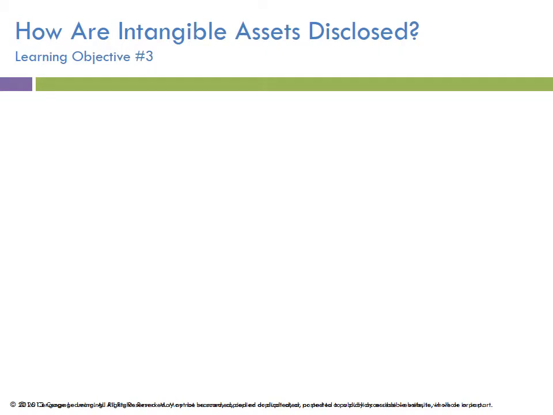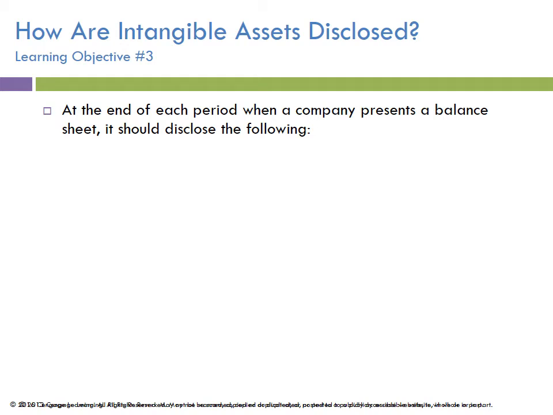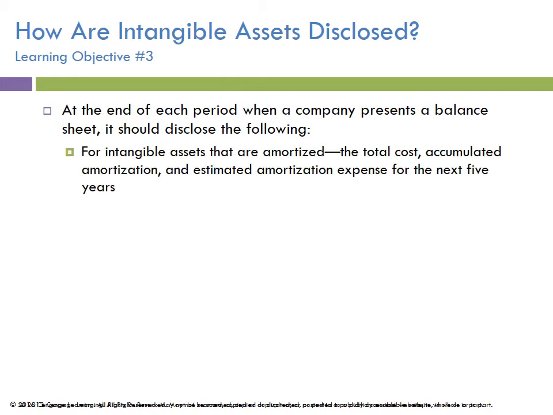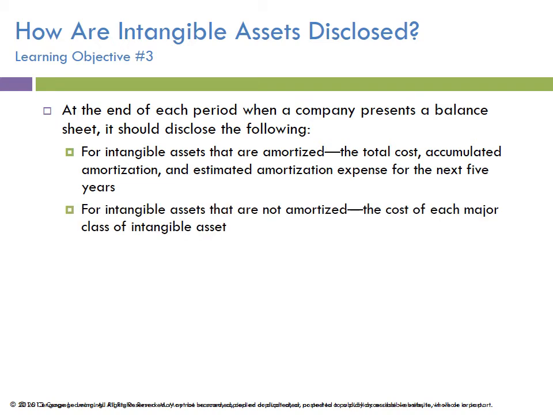Okay, so how are intangible assets disclosed? Well, at the end of each period, a company presents a balance sheet. It should disclose, for intangible assets that are amortized, the total cost of them, the accumulated amortization, and estimated amortization expense for the next 5 years.